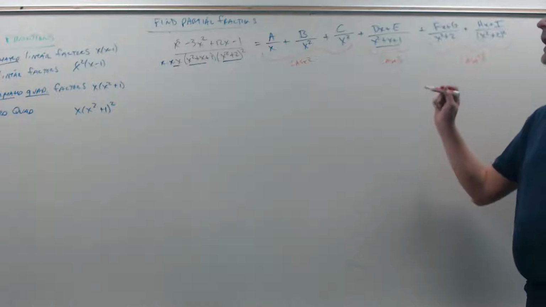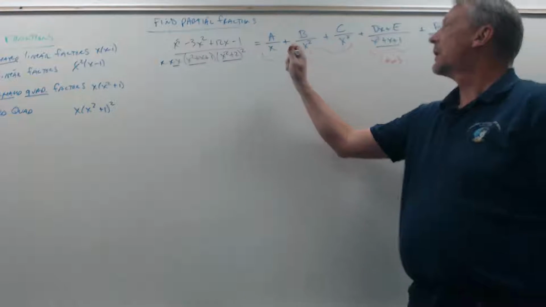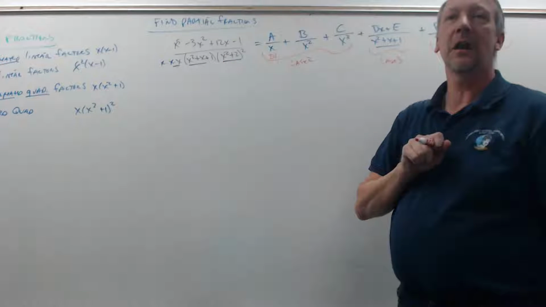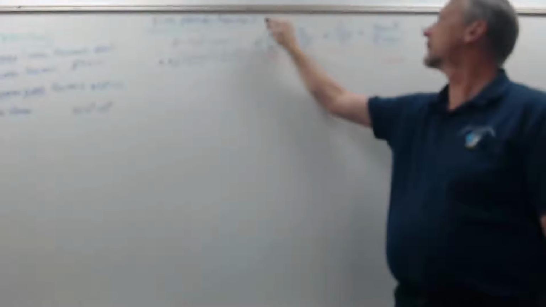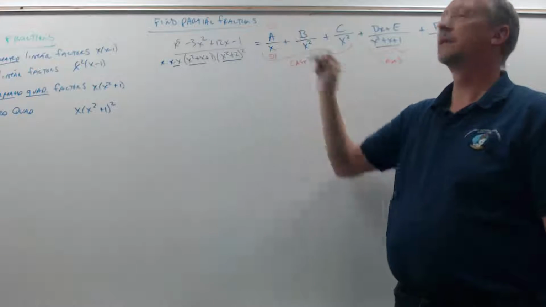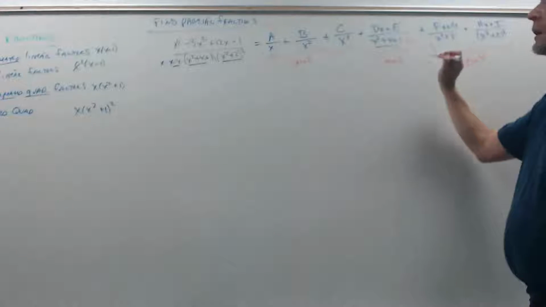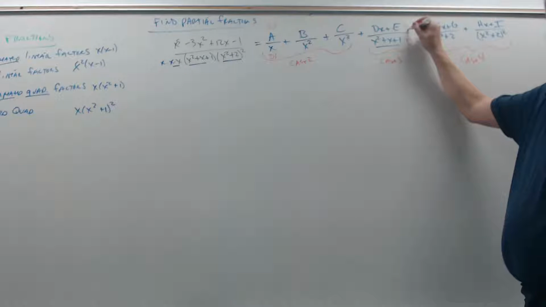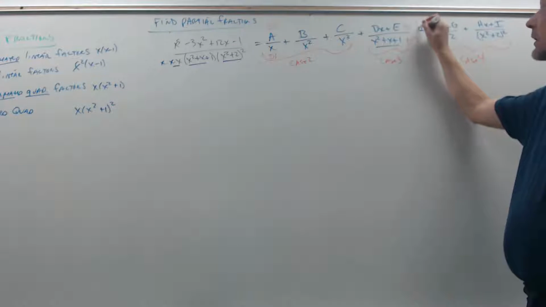The idea here is, notice, what's the degree? This is degree 1 on the denominator, what's the degree on the numerator? 0. This is degree 2, what's my degree on the numerator? 1.